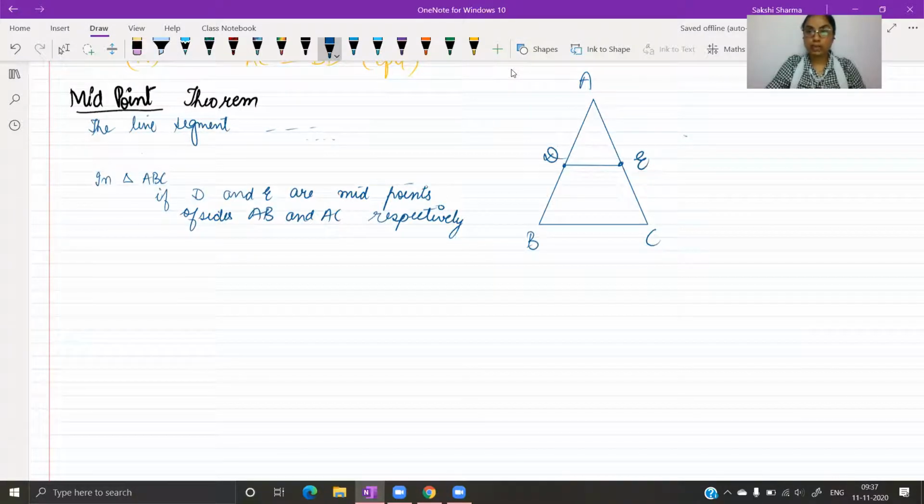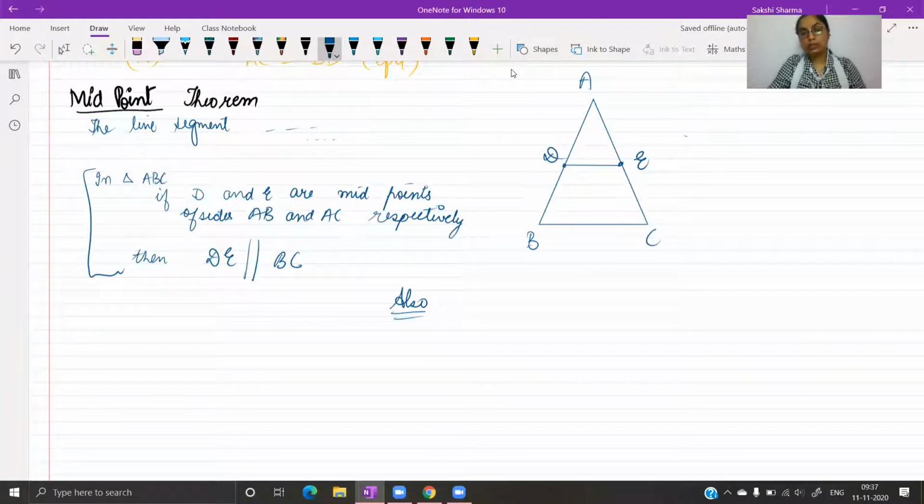The third side, which is left, is BC. The relation that I will have for this line segment DE, formed by joining these two, is that it will be parallel to the third side, which is BC. This is your theorem, but there is an additional result that DE is equal to half of BC. And this relation is for the lengths.